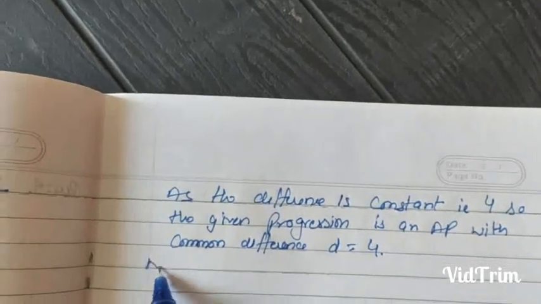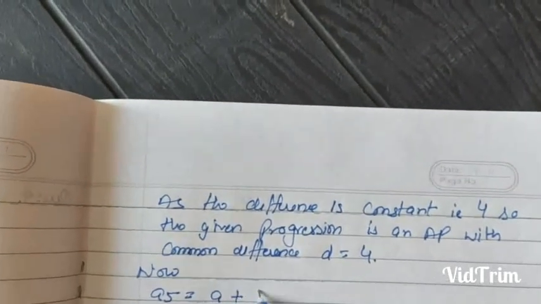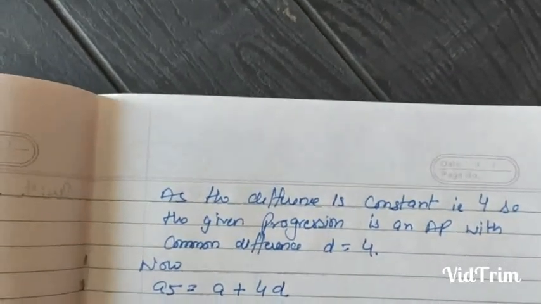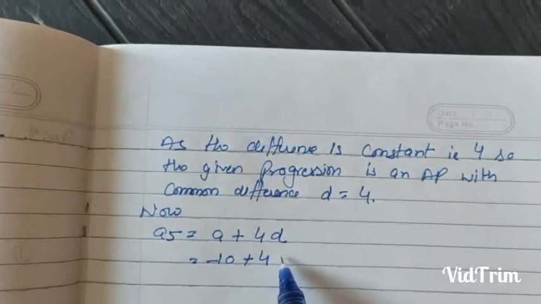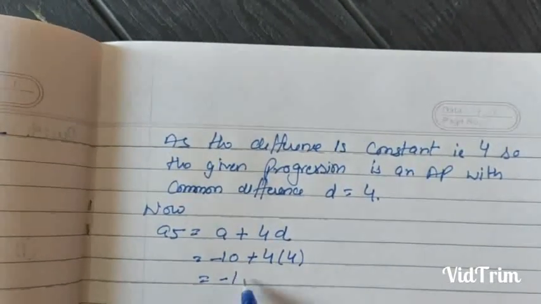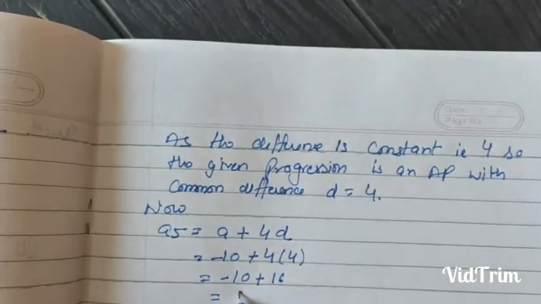Now the next three terms: a5 would be a plus 4 into d, and a is minus 10 plus 4 into 4. Now minus 10 plus 16 becomes plus 6.